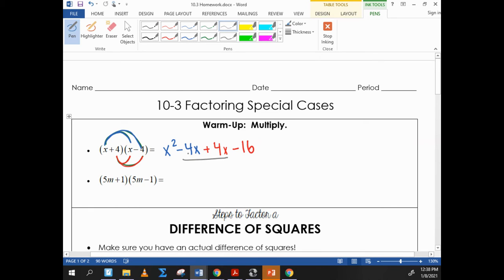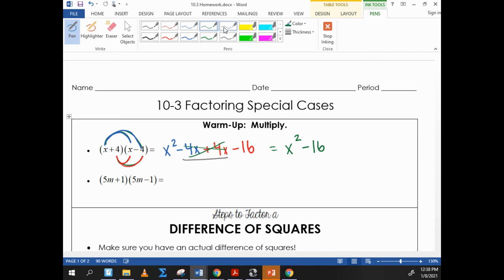But notice, if you add -4x to positive 4x, they just disappear. We have 0x. We don't have any x's left. So what happens is we're missing that term. It just turns into a binomial. We just have our first term, our x squared, and our last term, our -16. So we've got just a binomial instead of a trinomial. That's what we call a special case.